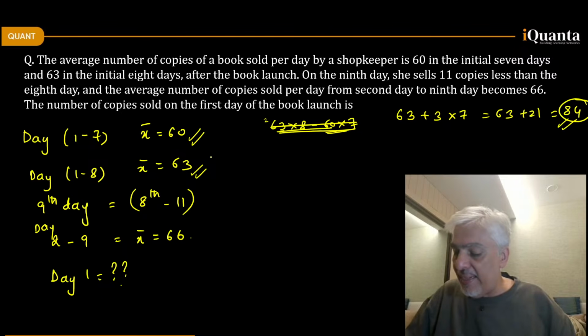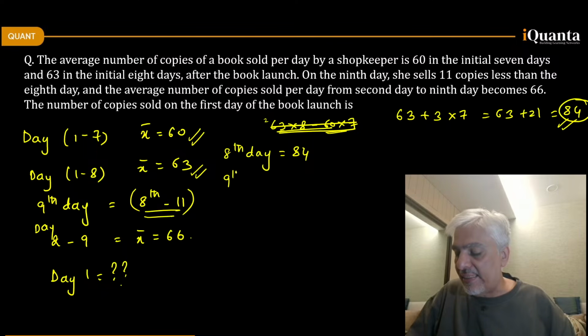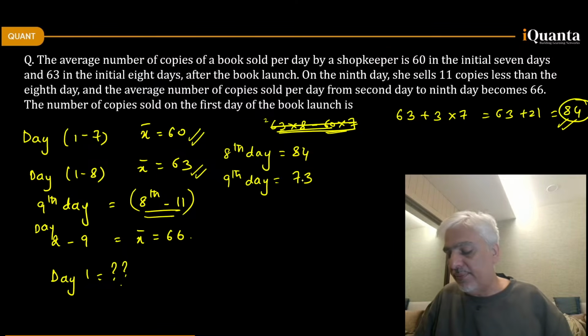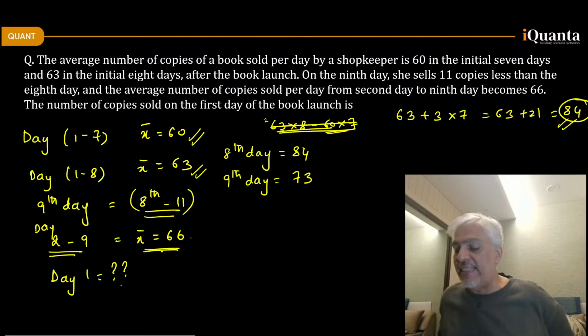So 8th day is 84. 9th day is 11 less, so 9th day is 73. Day 2 to 9 is 66. If I remove 73 from this, I will get 2 to 8.